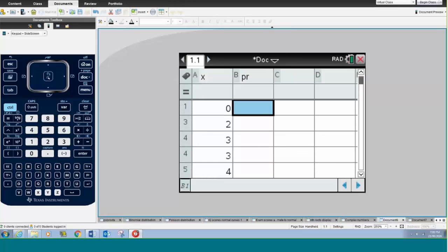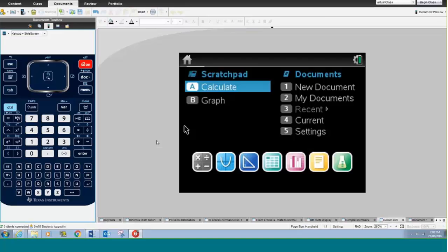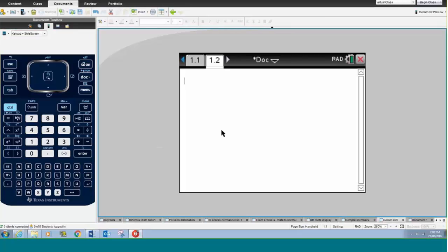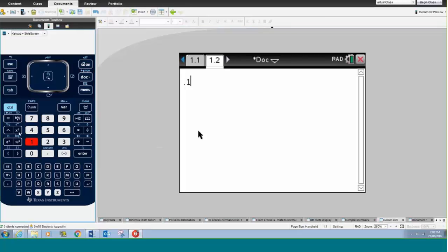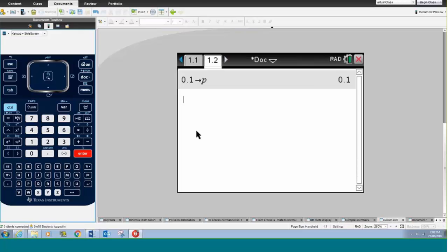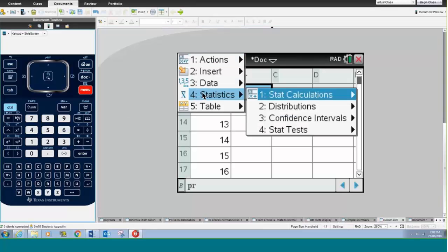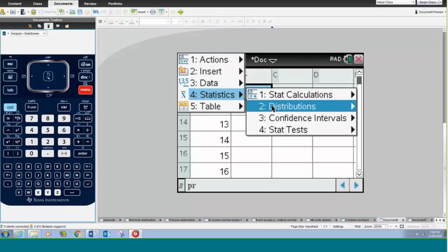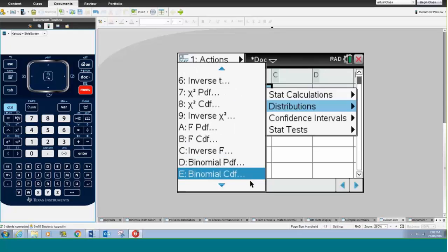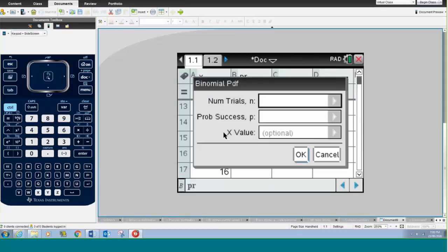I have prepared the list up to 20. To do the slider, we need to actually enter the first value. So I say let's start with P is 0.1, and the calculator now remembers that this is the value. Now I do the same thing: statistics and distribution, binomial PDF.